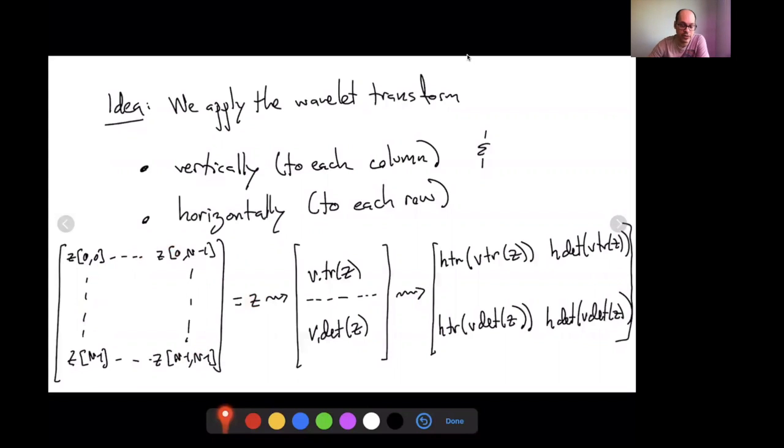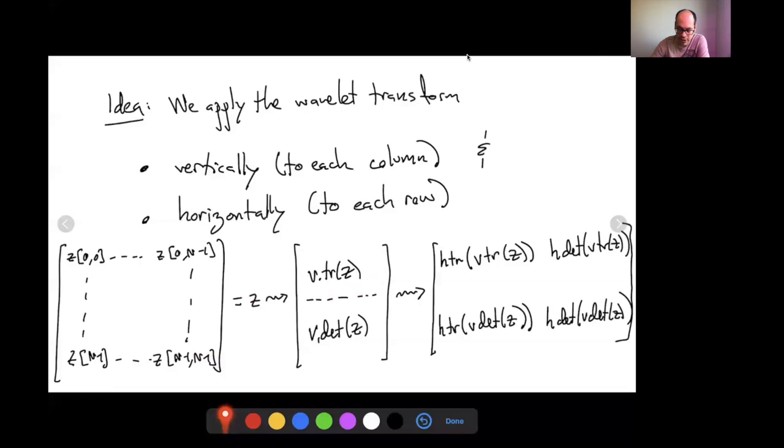We apply the wavelet transform vertically first to each of our columns. Now that means that we get a new matrix that we can think of as broken up vertically into two parts. The top of the matrix, each of the columns of the top of the matrix represents the trend of one of the columns in the original matrix.